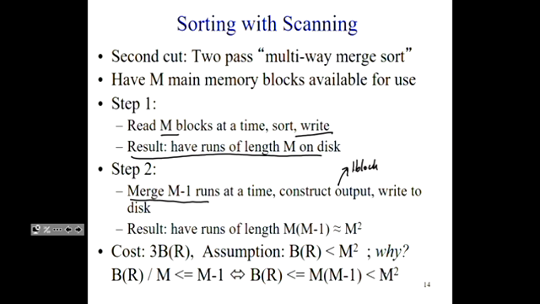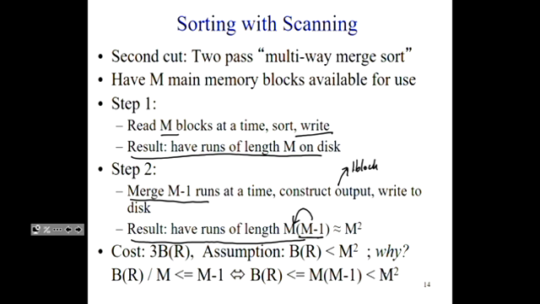So at the end of step 2, you have runs of length m times (m minus 1), which is roughly proportional to order of m square, because you have m minus 1 runs, each of which have m items. So you can basically sort up to order of m square items at a time.